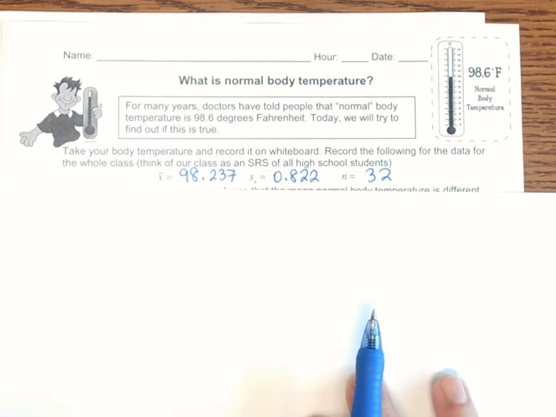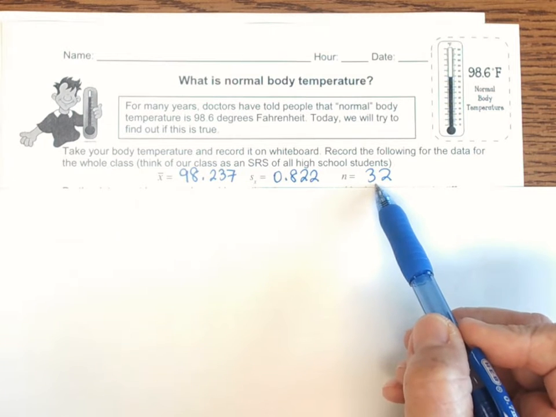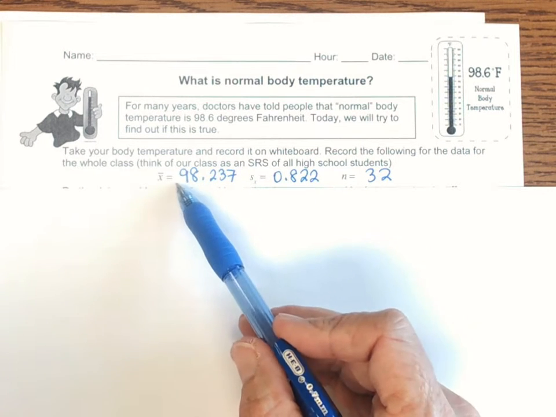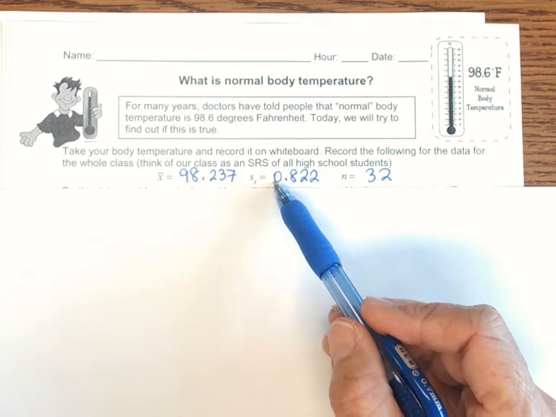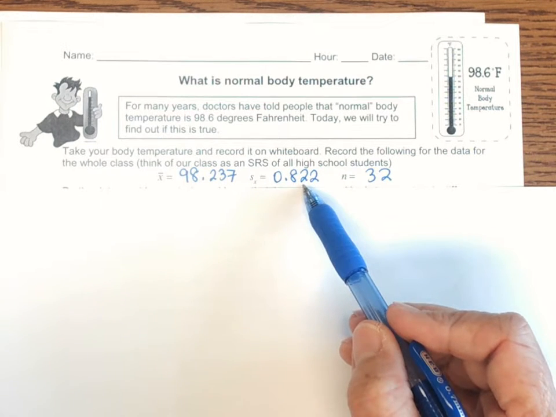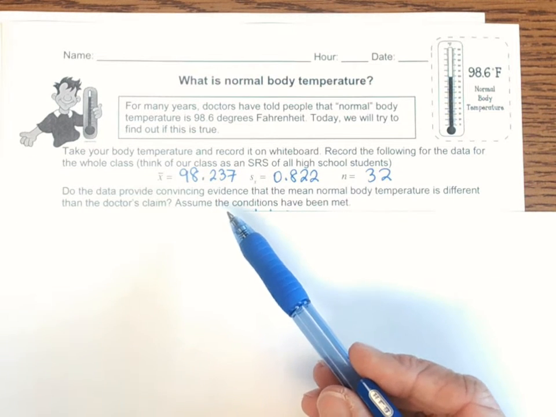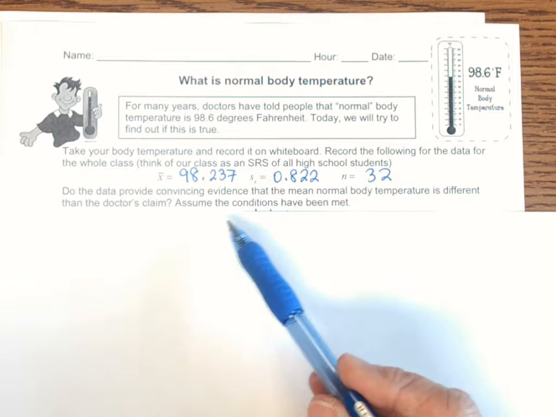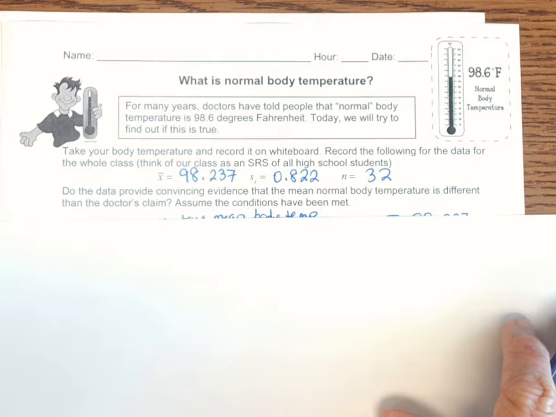This was from 2 years ago: the mean from my 32 students was 98.237. The standard deviation of my sample was 0.822 and the sample size was 32. And we want to see, does the data provide convincing evidence that the mean normal body temperature is different than the doctor's claim? We're assuming all conditions are met.